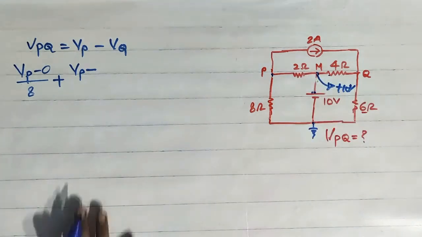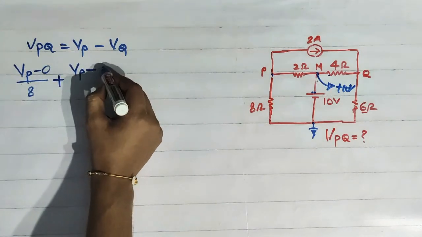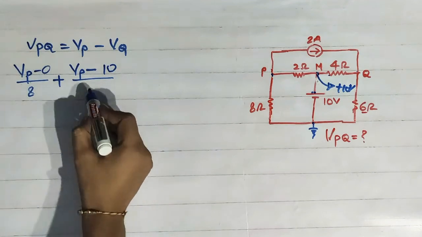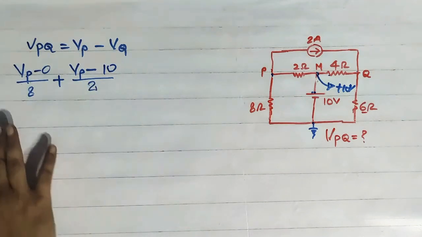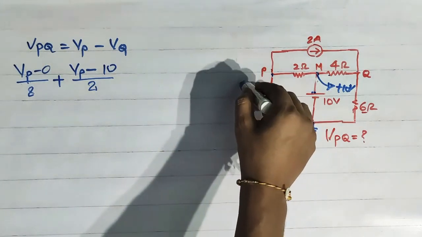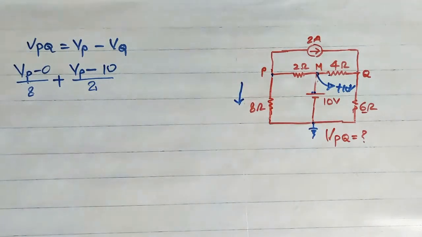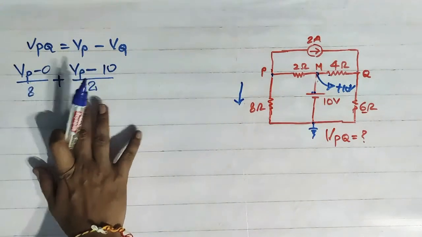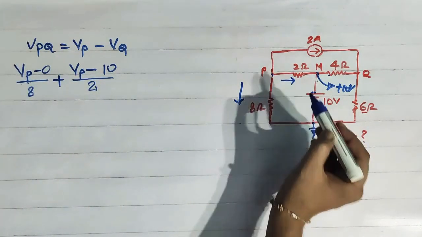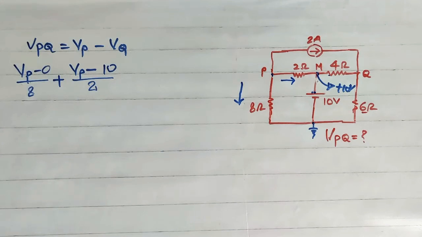So we can write (VP minus 10) by 2. When I am writing (VP minus 0) by 8, it means I am assuming the direction of current like this. When I am writing (VP minus 10) by 2, it means I am assuming the direction of current like this. Nodal analysis is simply a KCL equation.